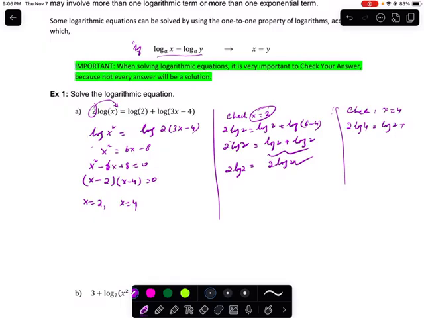So check x is equal to 4. So we have 2 log 4 equals log of 2 plus log of, so when you plug in 4, 3 times 4 is 12, minus 4, 8.